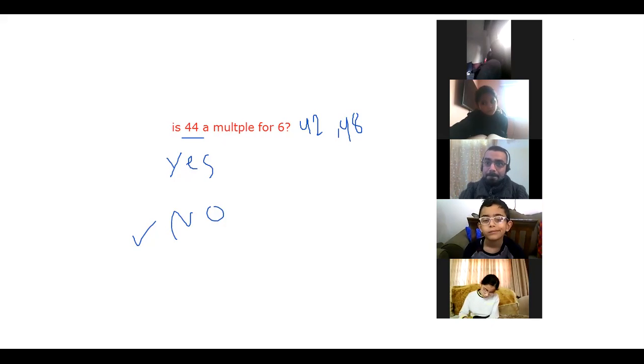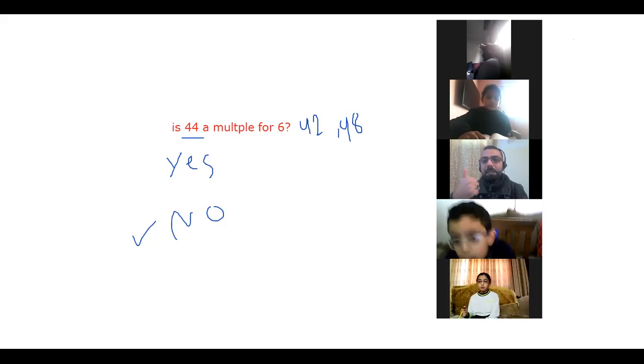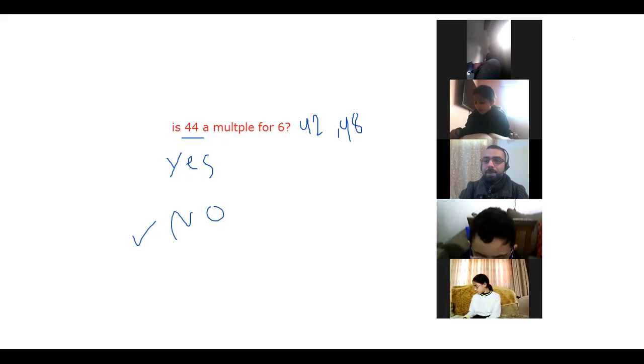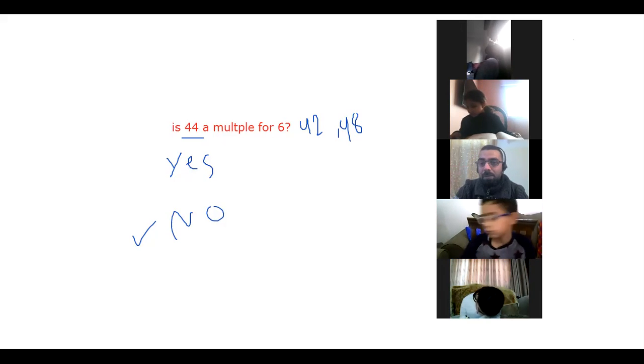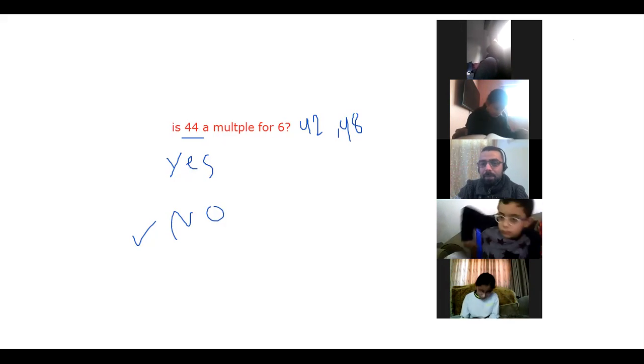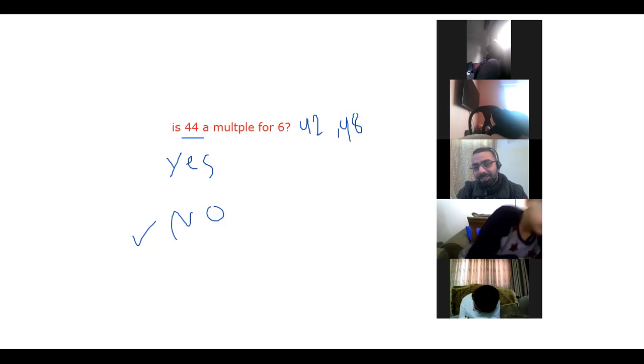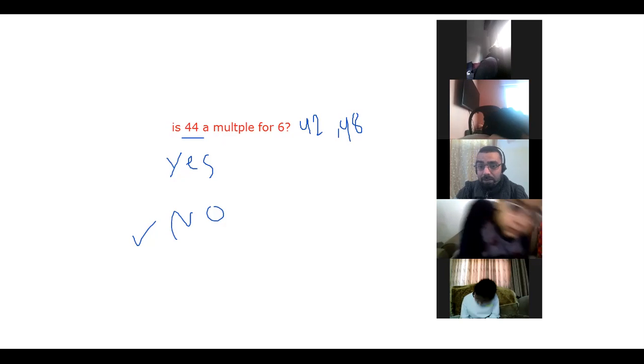I made a mistake, 9, not 6. Yeah, it's a multiple of the 9. It's a multiple of the 9 and it's a multiple of the 6. Why? Because I also can find the 54 in the multiplication table of the 9, which is 9 times 6. Understand?